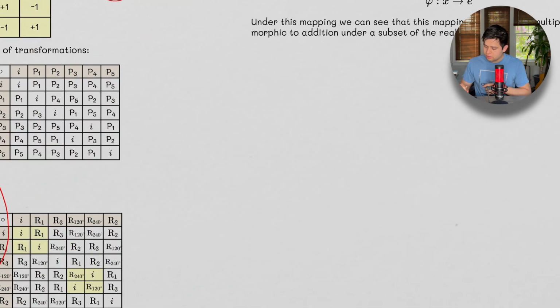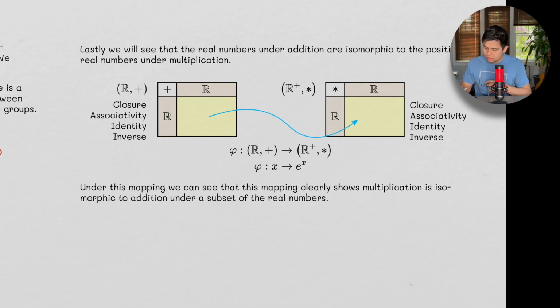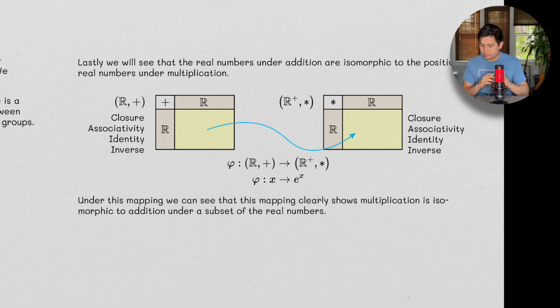Okay. Last but not least, let's take a look here that the real numbers under addition are isomorphic to positive real numbers under multiplication. This is not too difficult to see. So we're going to say this is our group, all the real numbers under addition. They obey closure, they're associative, there's an identity, and there's an inverse, right?